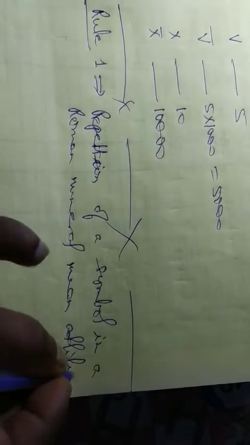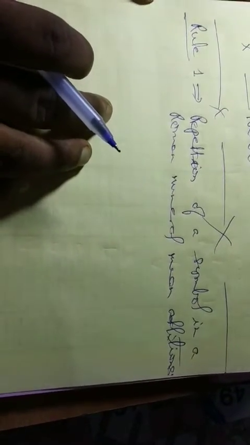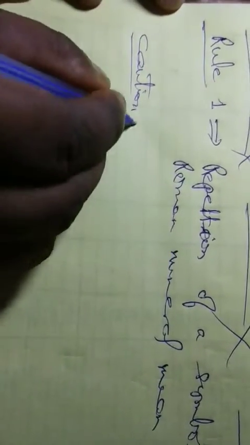If any Roman numeral is repeated, it means addition, but there is a caution.